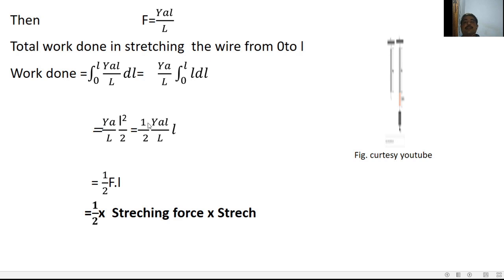Now applying the limit, it becomes 1 by 2 YAl by L into l. Here YAl by L is nothing but force, and l is nothing but the stretch. So this expression can be written as 1 by 2 F into l, that is half into stretching force into stretch.